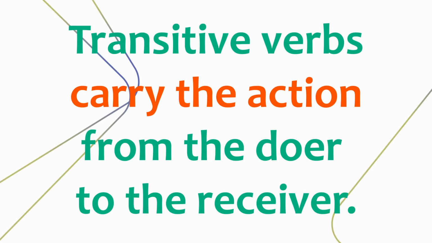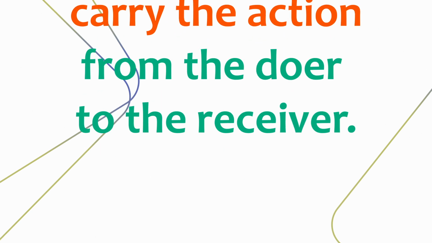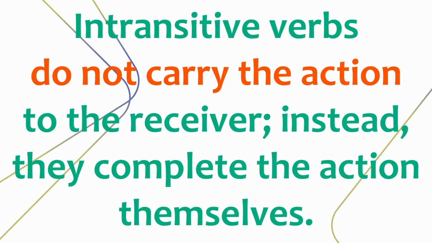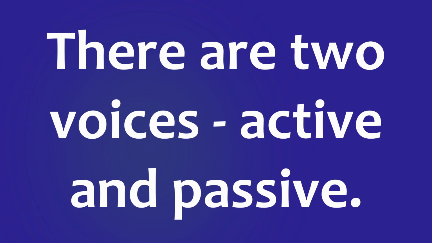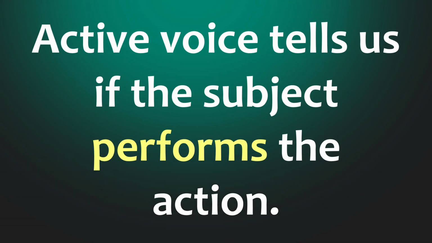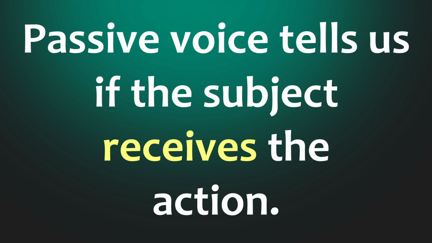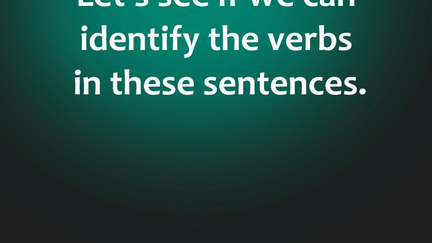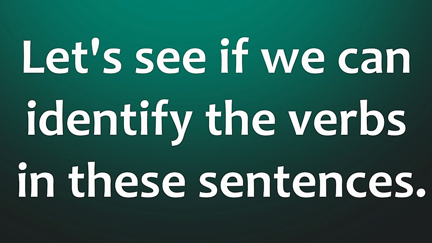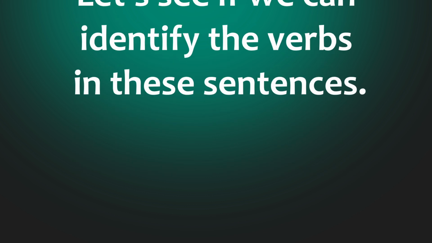Transitive verbs carry the action from the doer to the receiver, whereas intransitive verbs do not carry action to the receiver. Instead, they complete the action themselves. There are two voices, active and passive. Active voice tells us if the subject performs the action, whereas passive voice tells us if the subject receives the action. Let's see if we can identify the verbs in these sentences.